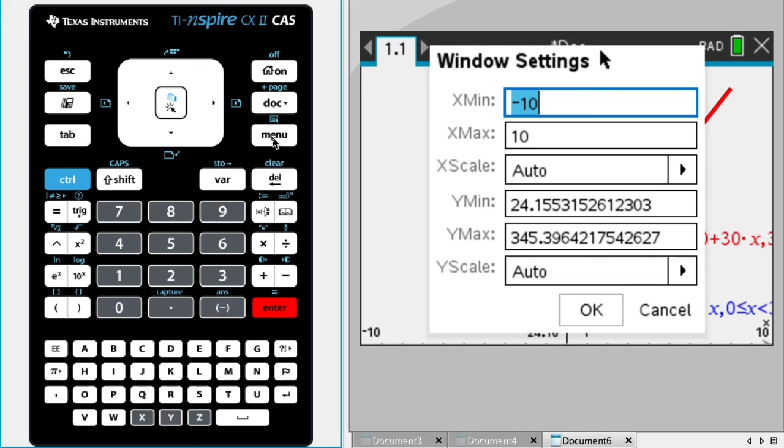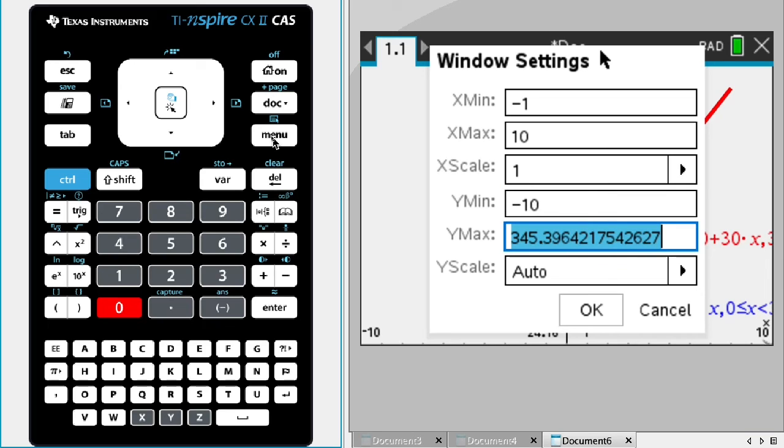Well, I've got no negative values of x. My lowest value is 0. So I'm going to start that at -1. Going across the screen on my x scale, 1. My y minimum, I want to go down as far as 0, so I'm going to put it as -10, just to give myself some space on the axes.